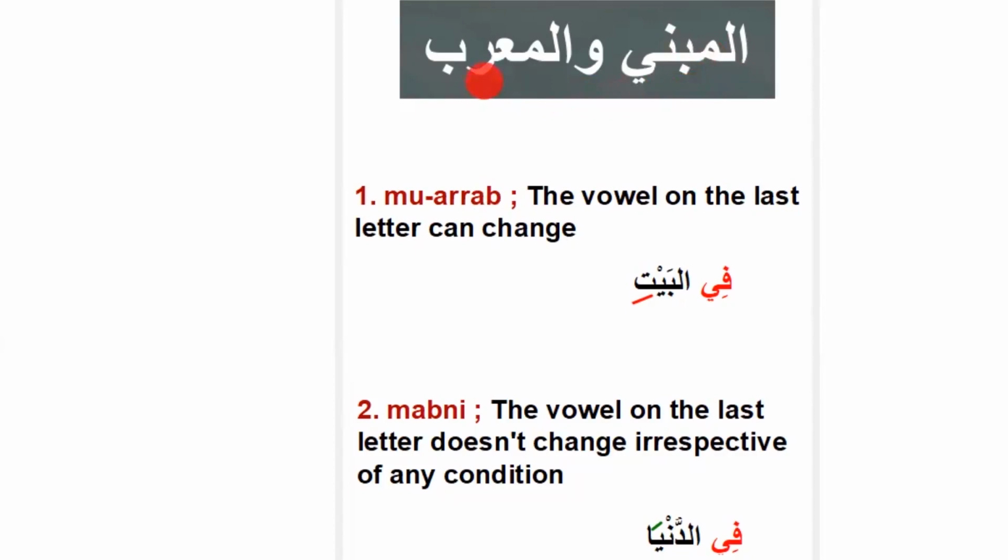We can have mabni wal mu'arrab in huruf, in fi'l, or in af'al. We can also have mabni wal mu'arrab in nouns. All the three parts of speech, the fi'l, the ism, the harf, have both mabni and mu'arrab. I hope that is clear.